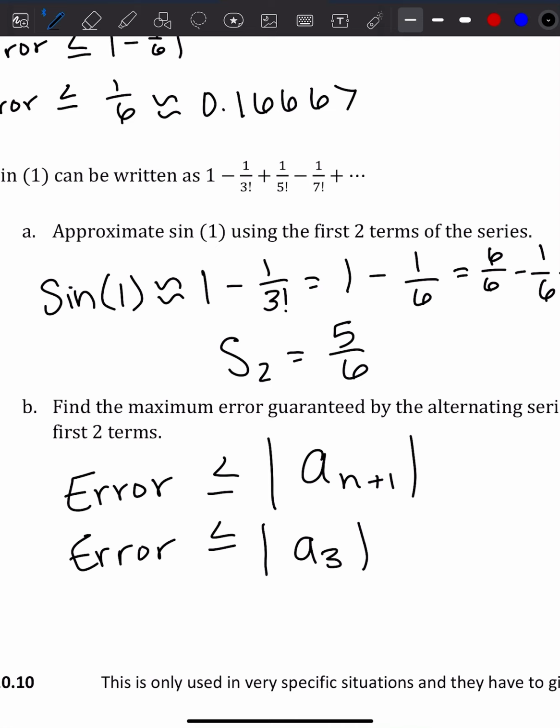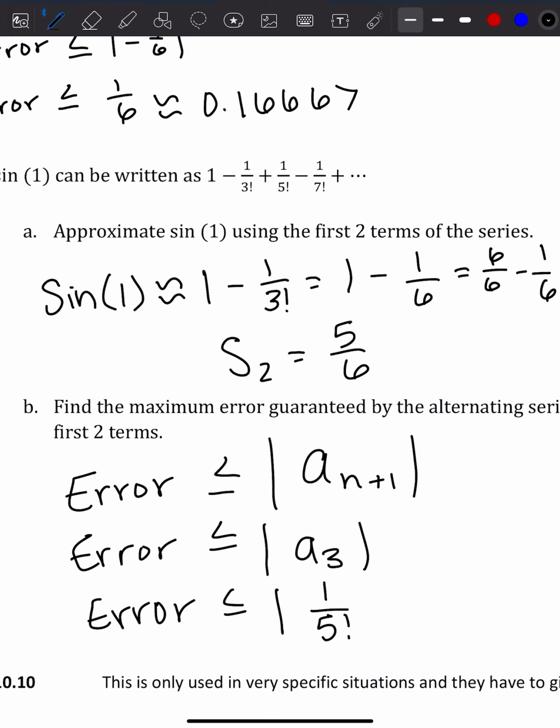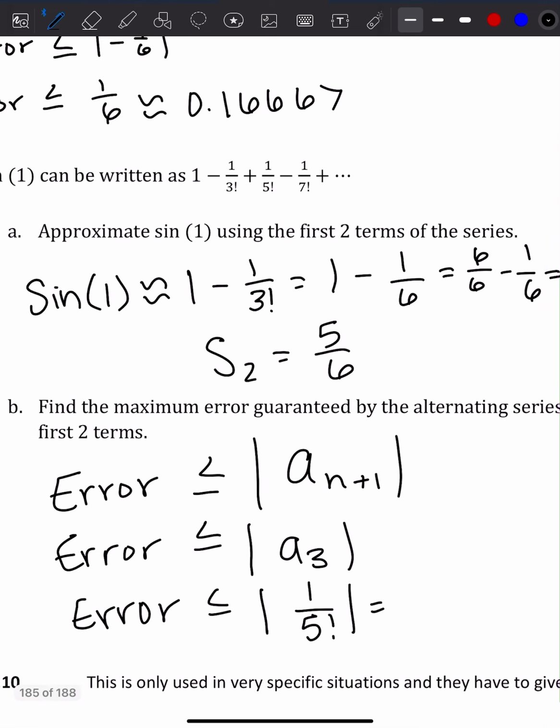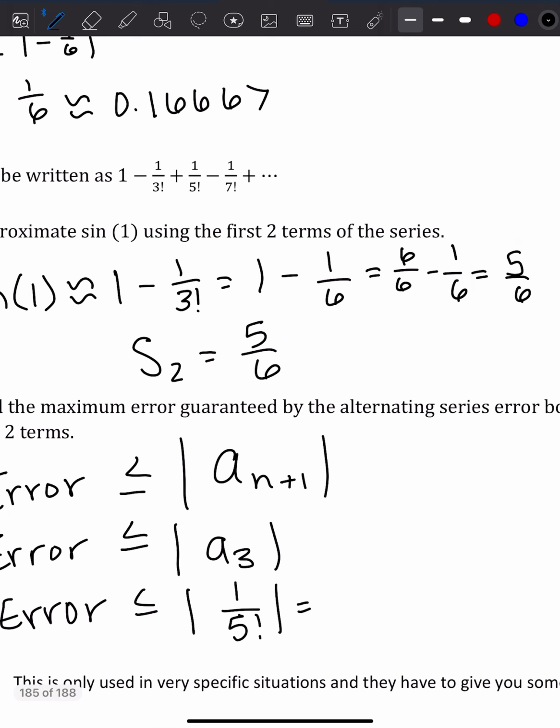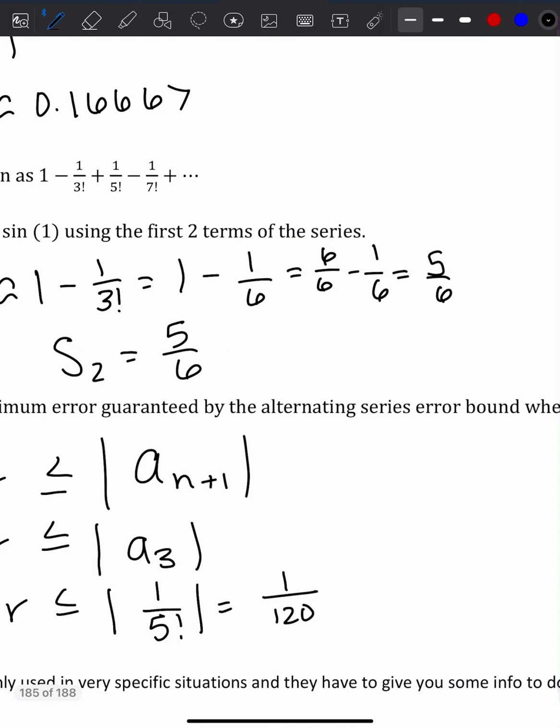In this case, a sub 3 is that 1 over 5 factorial. Well, 1 over 5 factorial is already positive, so we have 1 over 5 factorial is 5 times 4 times 3 times 2 times 1, which is 120. So 1 over 120. So this is our max error.